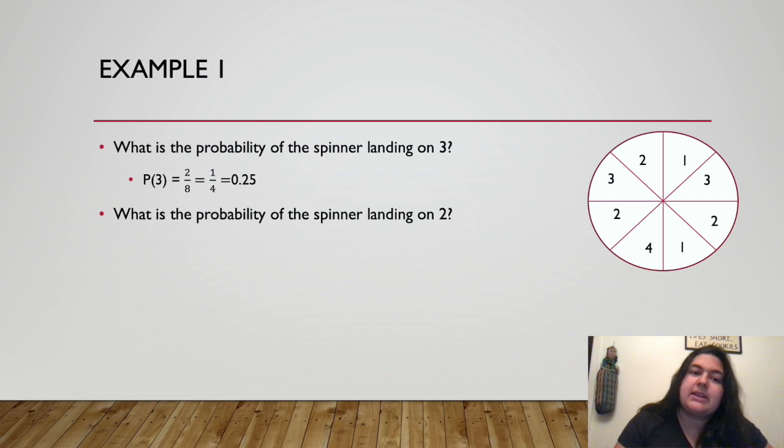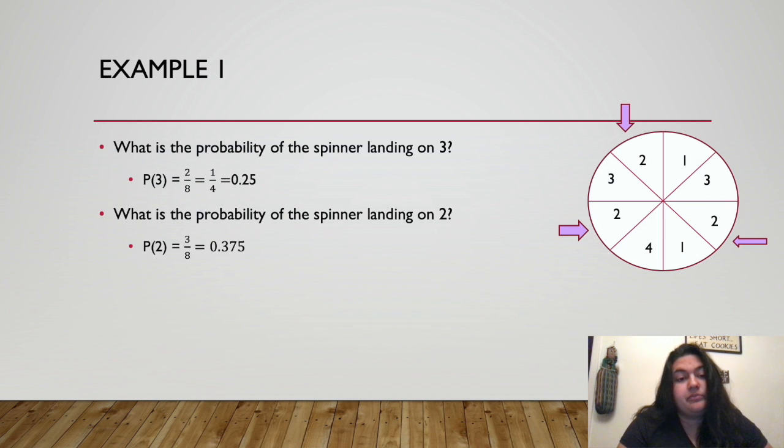What is the probability of the spinner landing on 2? Again, we're going to count how many twos we have, and we're going to put that over 8. So here's a 2, there's a 2, and there's another 2. So the probability of spinning a 2 is going to be 3 out of 8 possible numbers, and that gives us a decimal of 0.35.